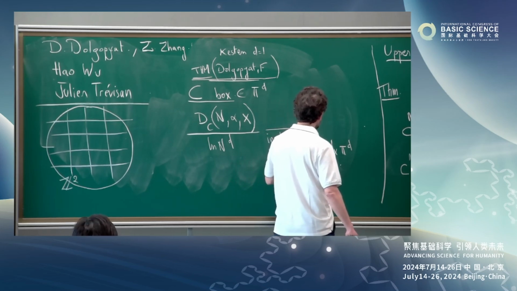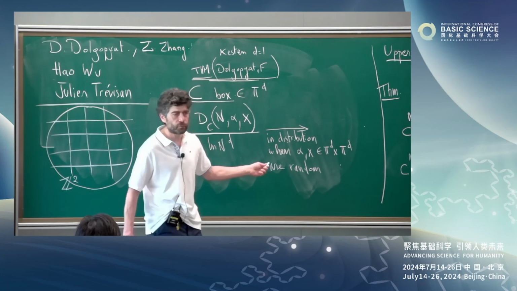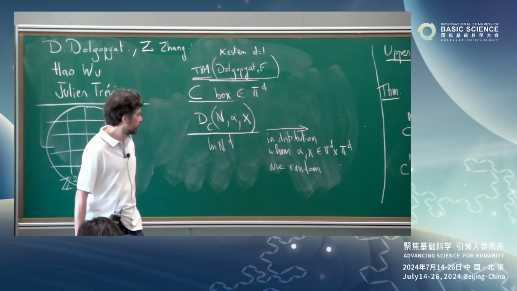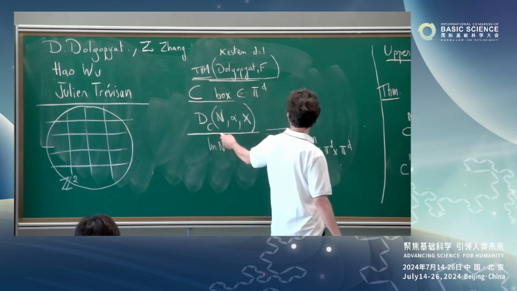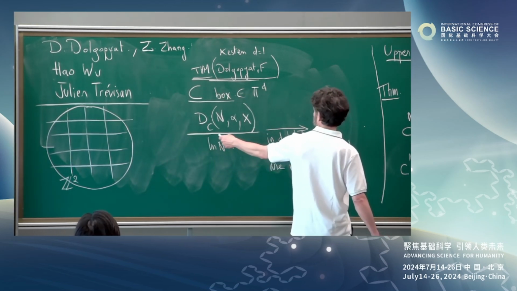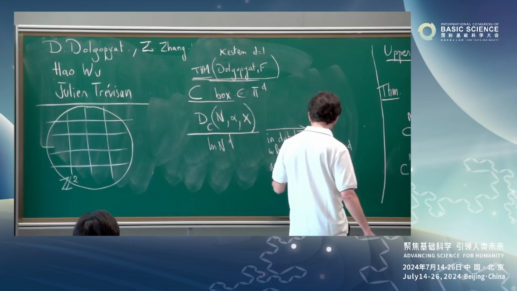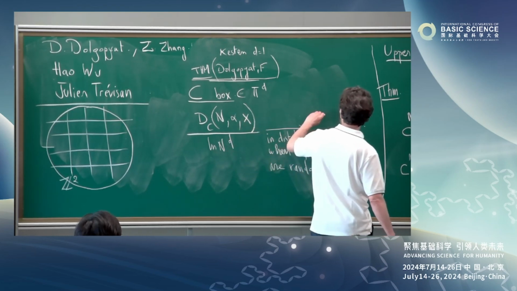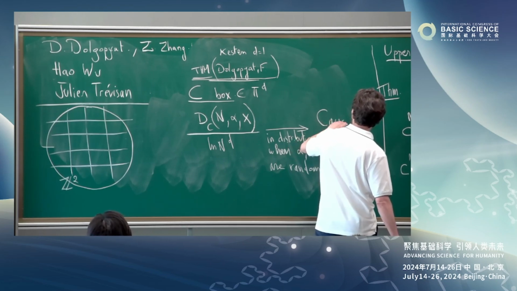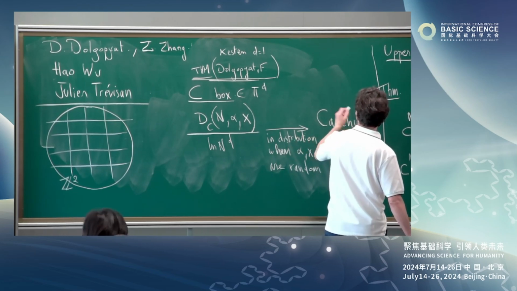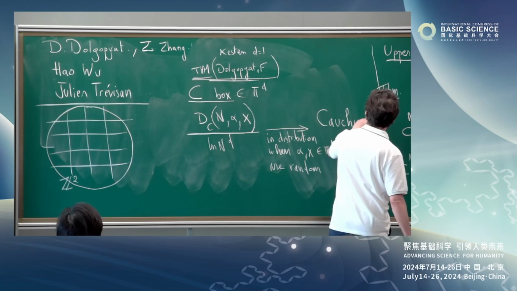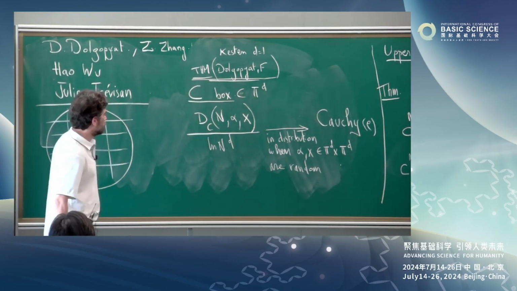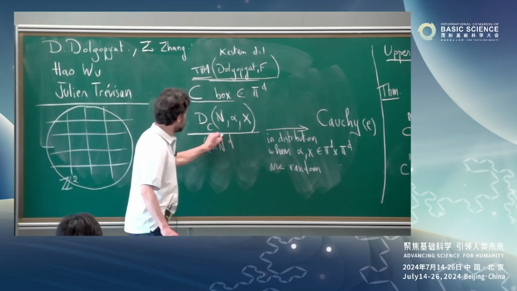And here, what I mean by random is that they follow some distribution that has an absolutely continuous, smooth density. This will converge to a Cauchy distribution with some parameter rho. This is log n to the power d.